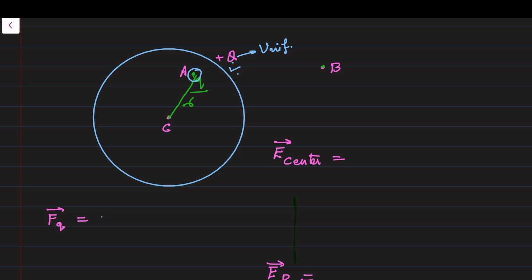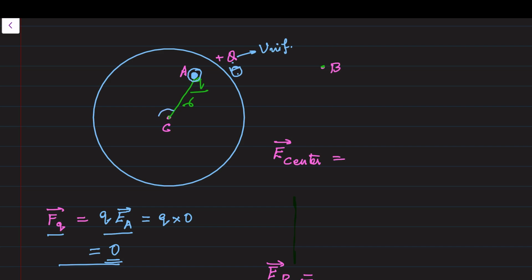It means the electric field intensity at the location of A, due to the charge on the sphere, is 0, and the force experienced by Q is Q into the electric field at this location. So it becomes Q into 0, which is 0. This is 0 because the electric field at this location due to the uniformly charged hollow sphere is 0. So the force experienced by the point charge Q is 0.